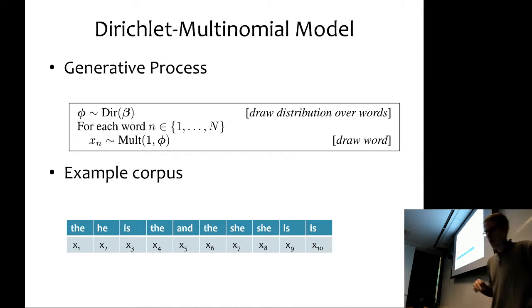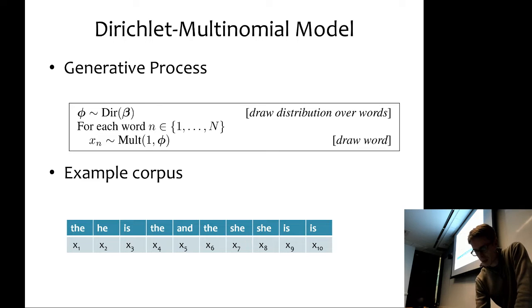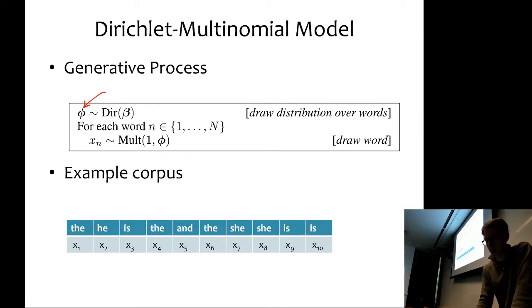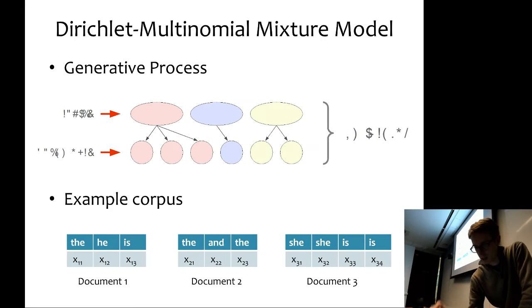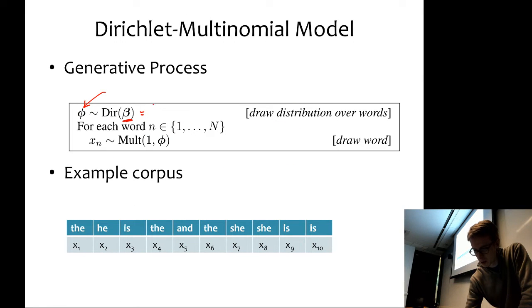Okay, so the Dirichlet-multinomial model says, let's sample a parameter phi from a Dirichlet parameterized by beta. That's going to give us back some vector phi_1, phi_2, all the way up to phi_K.